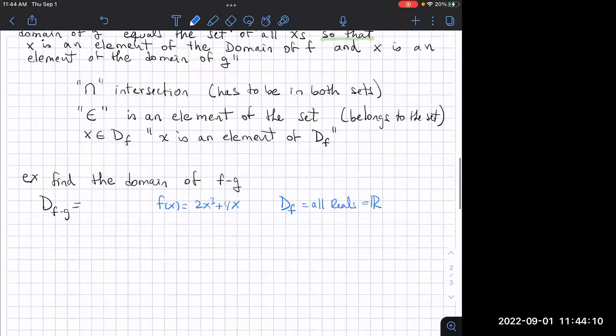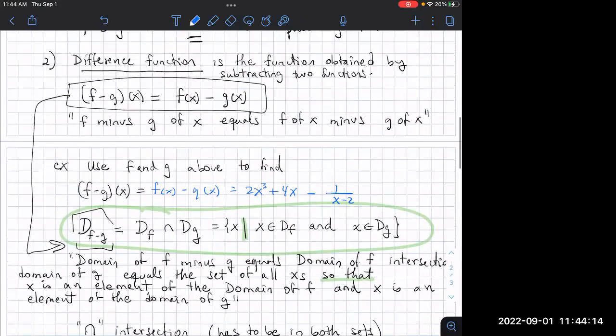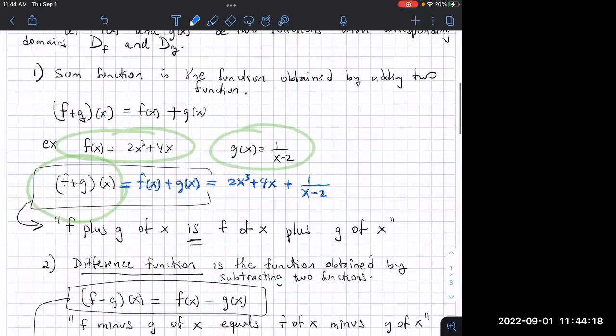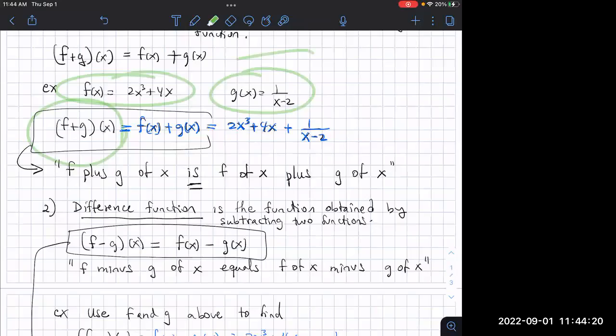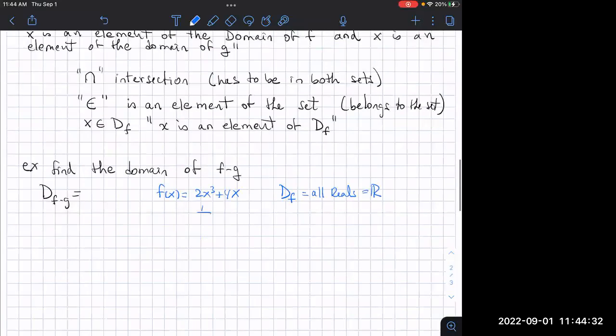We're looking at the same functions, f of x equals 2x cubed plus 4x, g of x equals 1 over x minus 2. And we're looking at the domains for each of the parts.